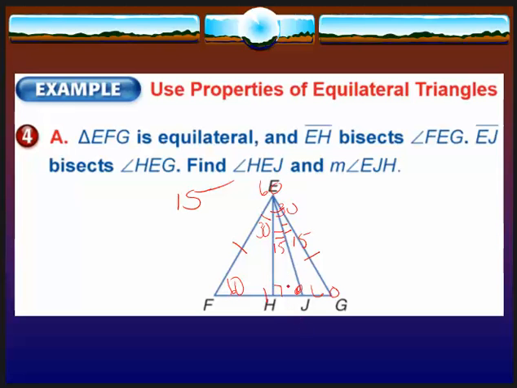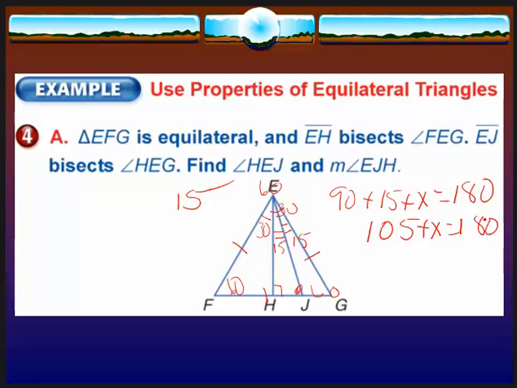So that's 90 degrees. And then we know we have 15 here, so we just need to add them up so that they equal 180 degrees, plus, again, I'm just going to call it X. This is 105 plus something equals 180. If I subtract the 105, then I get 75 degrees.